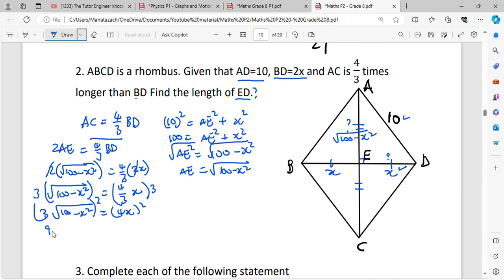We'll have 9 multiplied by 100 minus x squared, then here is 16x squared. Then from here on, we'll have 900 minus 9x squared is equal to 16x squared. Then basically you solve for x from here.